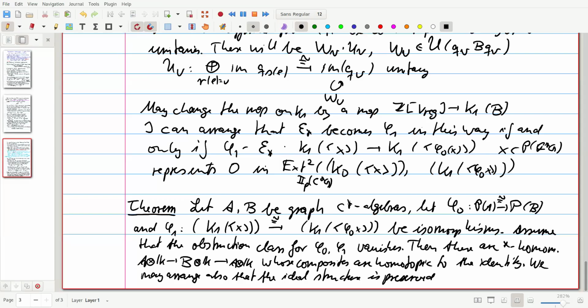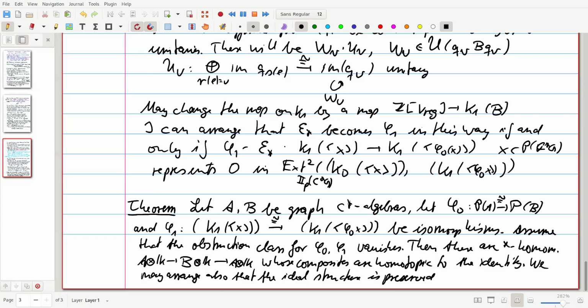And one addition, which was actually somewhat technical and difficult to get, is that we even can preserve the ideal structure if there are non-gauge invariant ideals. So maybe this was the last result in the paper, an extra step to arrange for the non-gauge invariant ideals also to be preserved.